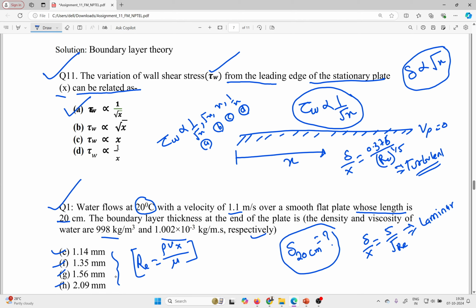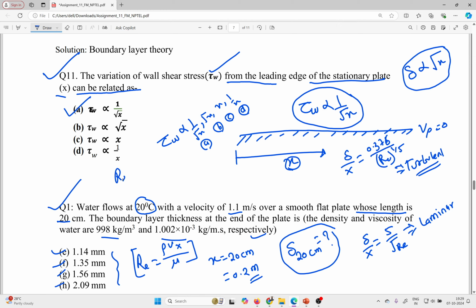Here x is the distance from where the solid surface starts. In this question x is given as 20 centimeter, meaning 0.2 meter. Rho, mu and velocity are also given.